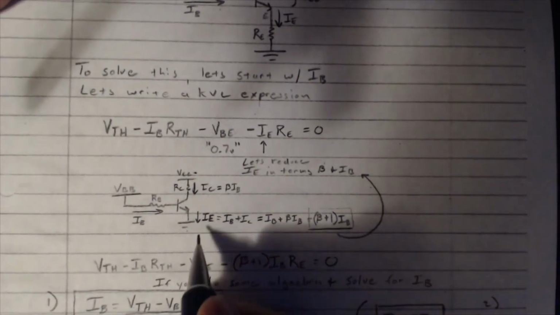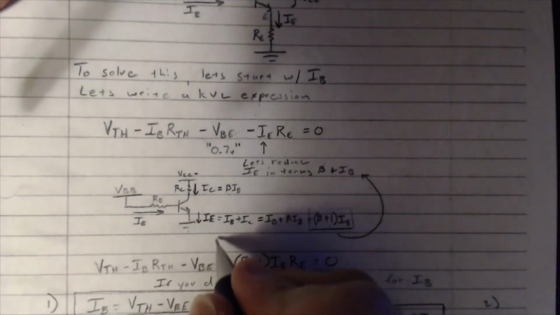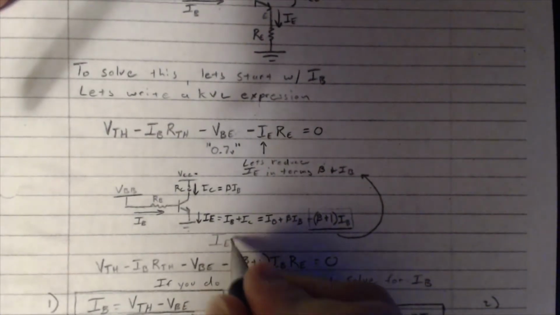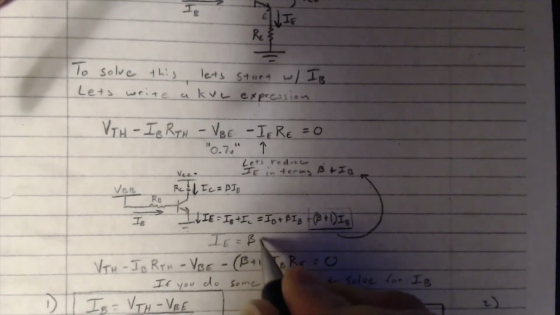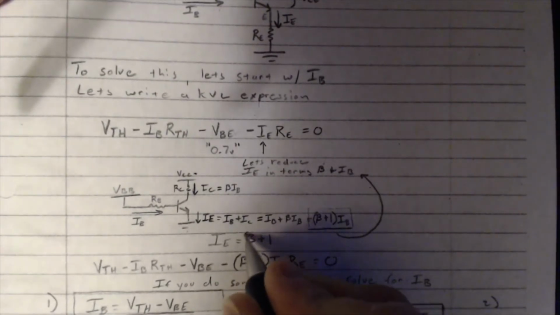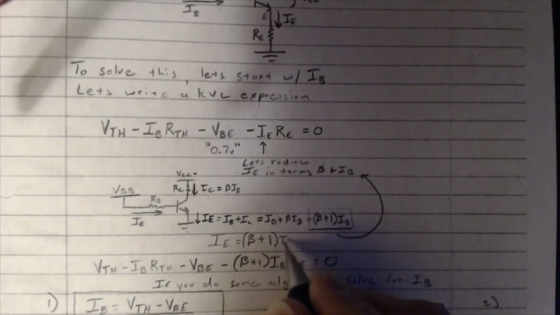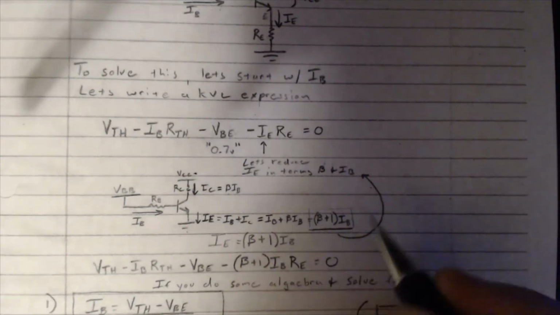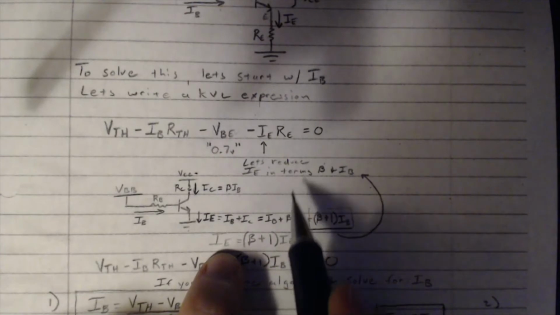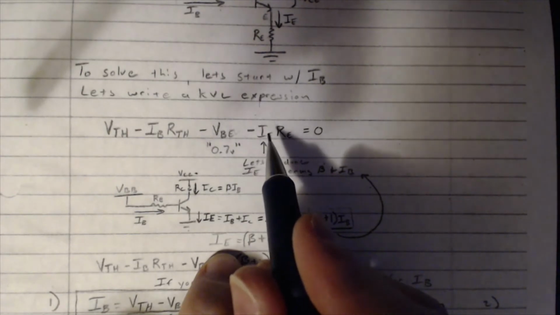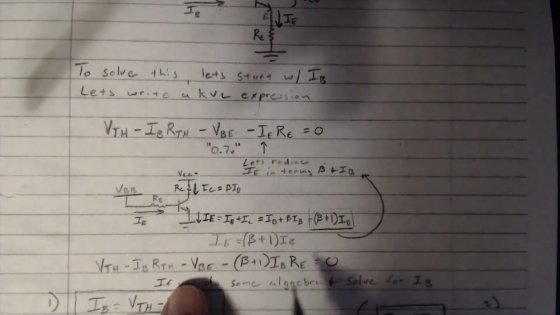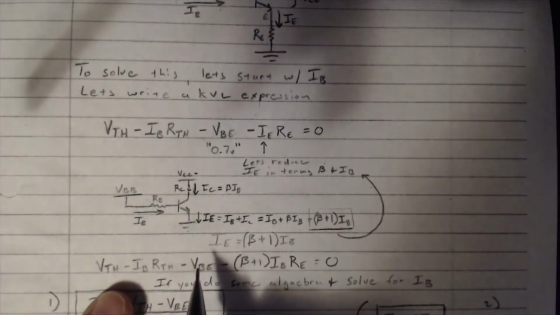So we can say that IE is equal to beta plus 1 times IB. And then I can take that and substitute it into my original KVL expression that we're using to find the base current, and check out what we get.